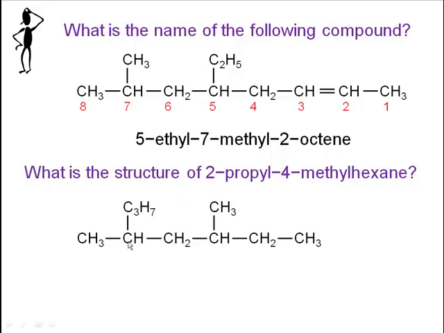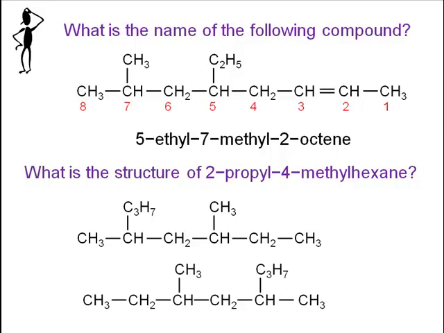Yeah, sorry, I put my methyl at the 3rd carbon, that was wrong. I was counting wrong, which was really silly. All right, so this here should be the structure of 2-propyl-4-methyl-hexane. You can also draw it from the other end, it's the same molecule.